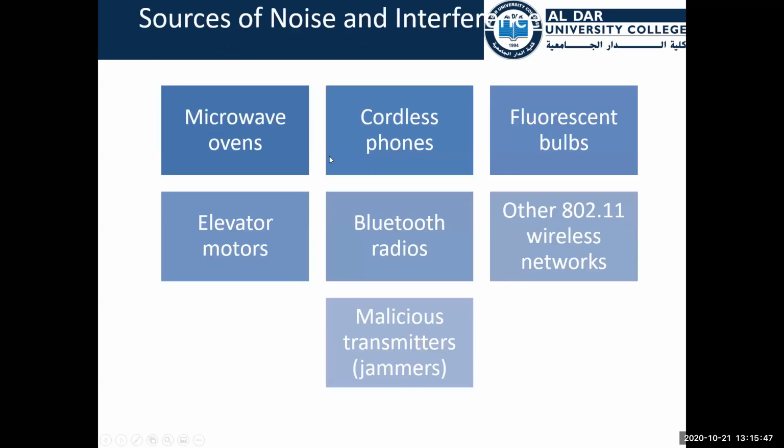So what are the sources of noise? The microwave ovens, because microwave ovens work on microwaves, and these are used in communication. The cordless phones, which I see maybe in the army or for security purposes. The fluorescent bulbs also emit some signals that may affect the performance.